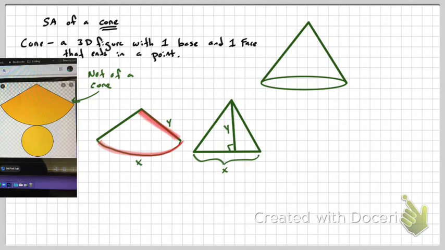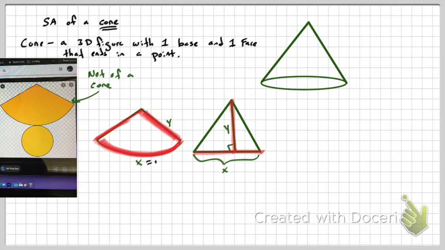Okay? So I'll say this one more time. The sector of a circle with sector arc measure of x and radius y has the same area as a triangle with base x and height y.